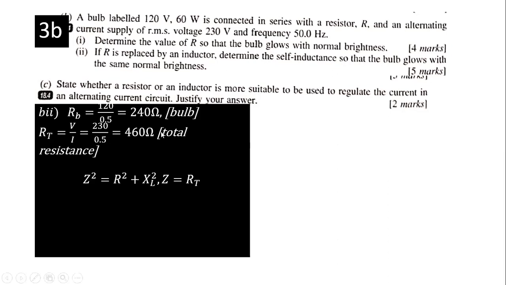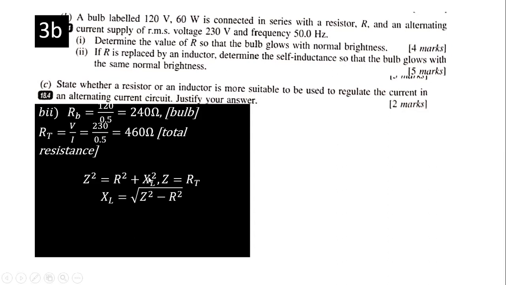The total resistance is 230 divided by the current. Then Z is R squared plus ZL squared, where Z is your total resistance, if you like. So you want to find ZL.